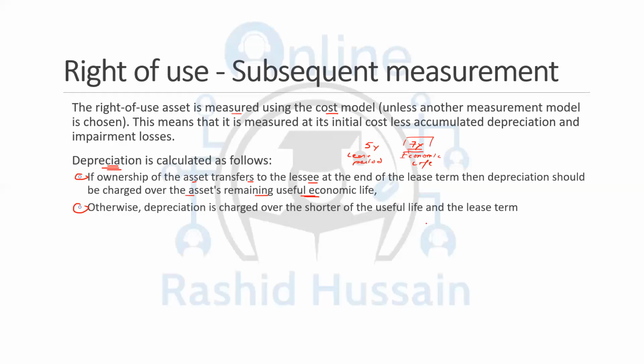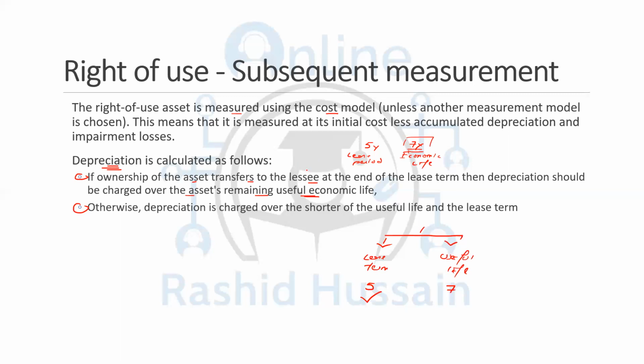Otherwise, it should be charged at the lower of the lease term and the useful life. In the example we took, the lease period is 5 and 7, so the lower would be 5.